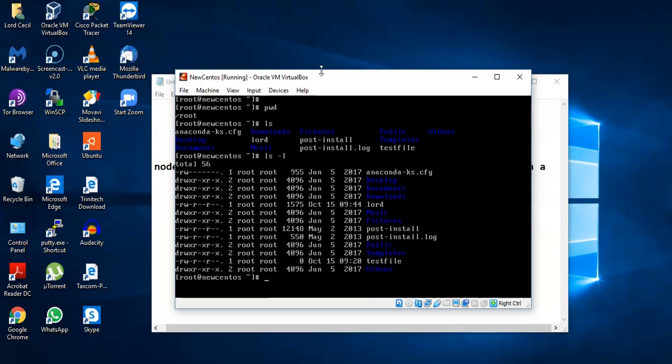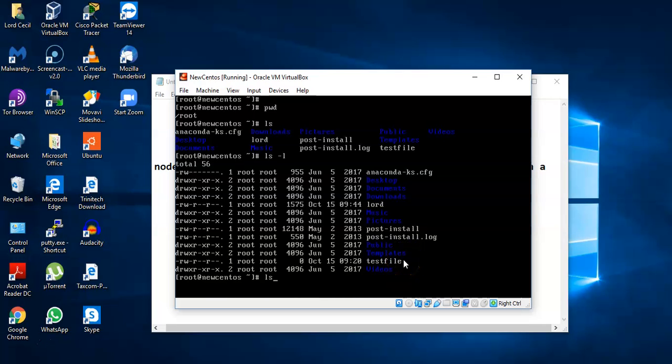It gives me the attributes of each file and directory, so this way I can tell which is a directory with the d, and this is a file. I'm going to use this test file for our example on inode.